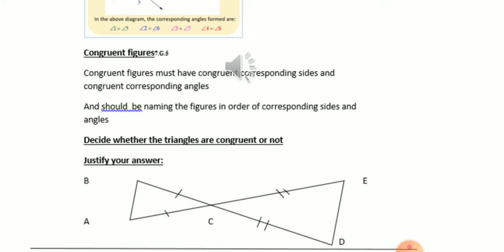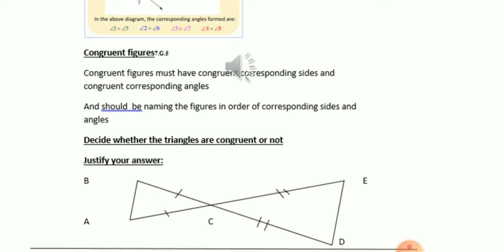What does this mean again, Muhannad? Again, I have here triangle ACB and triangle DCE. Is AC equal to the measure of length DC?